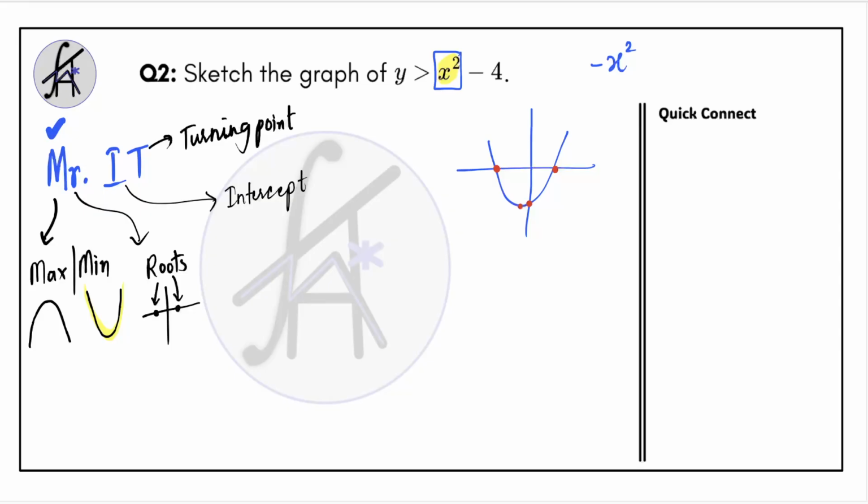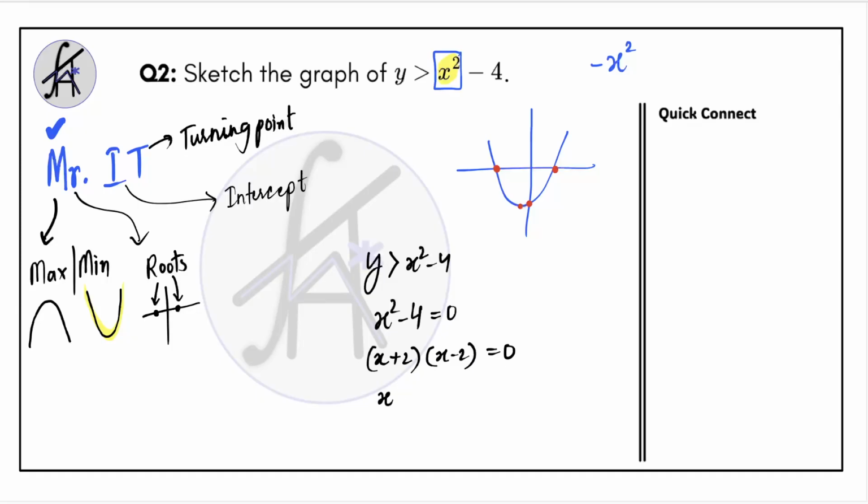So we take the equation y is greater than x squared minus 4. Just make it equal to 0. So x squared minus 4 equals 0, and solve the quadratic to find the solutions. This has no coefficient of x, so it's simply going to be (x plus 2)(x minus 2) equals 0.